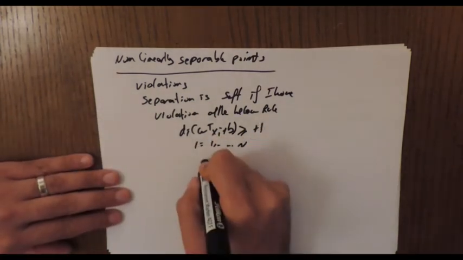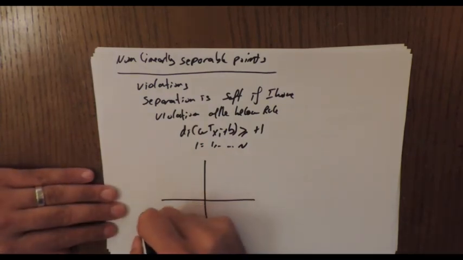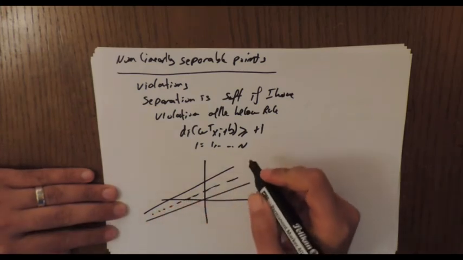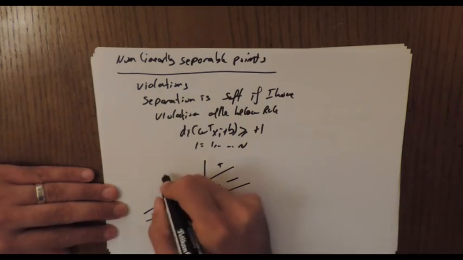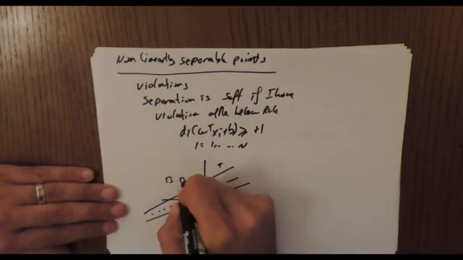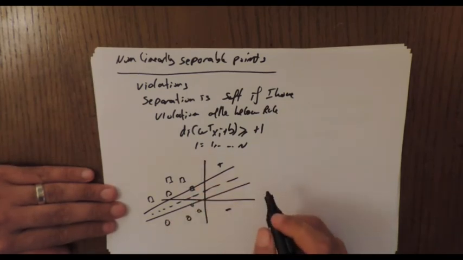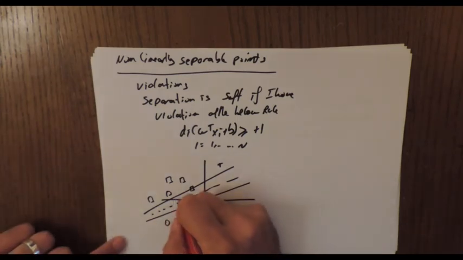So how is this done graphically? Let's say this is the optimal hyperplane and this is the weight. Let's say this is the positive and this is the negative. So in theory all the points should be here. We have points here. But what if we have a point here?